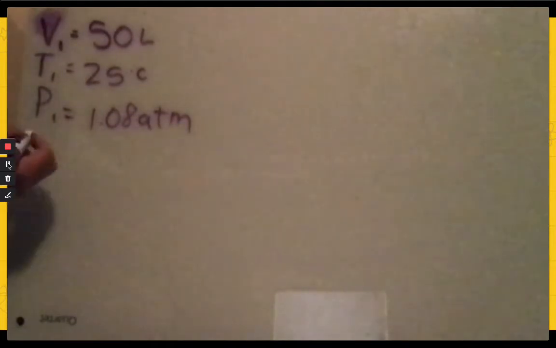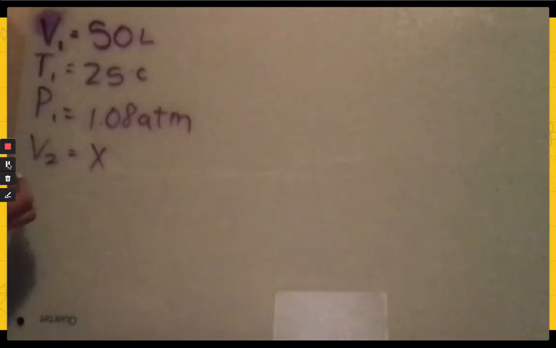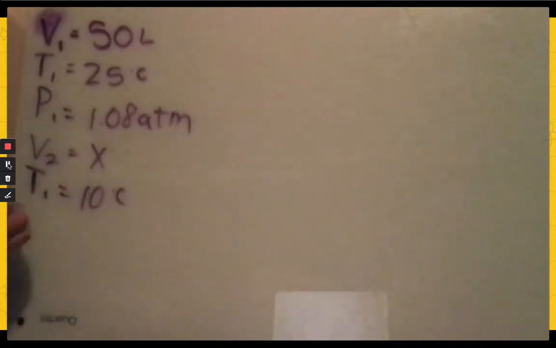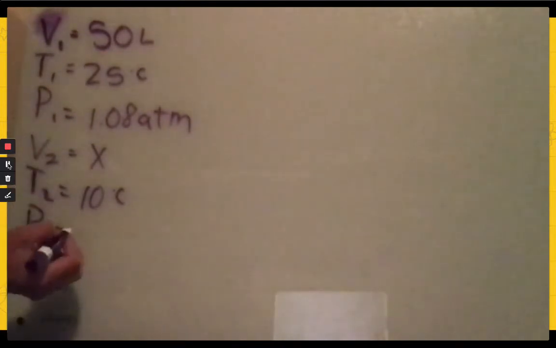It then tells us what volume will you have, so our volume 2 is X, at a temperature of 10 degrees Celsius, and a pressure, oh sorry, this is temperature 2, pressure 2, of 0.855.